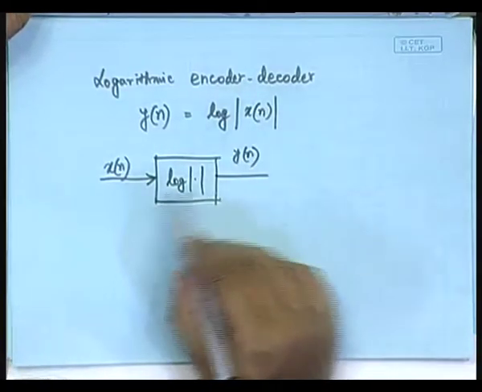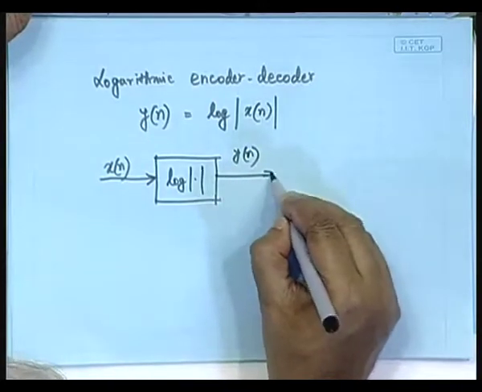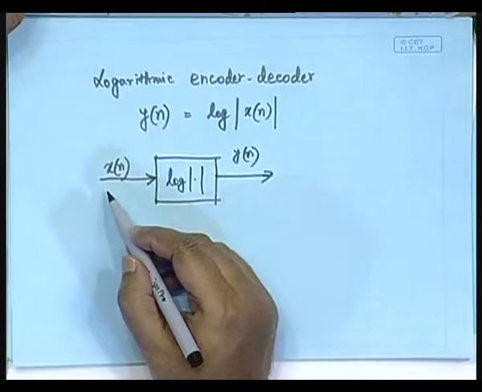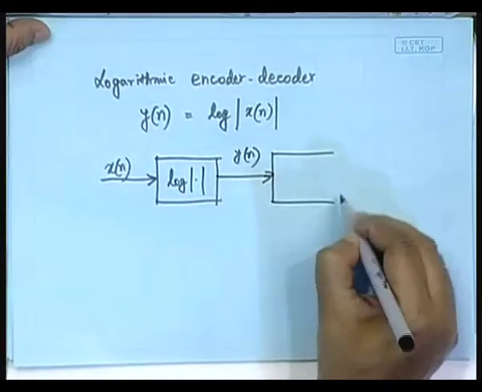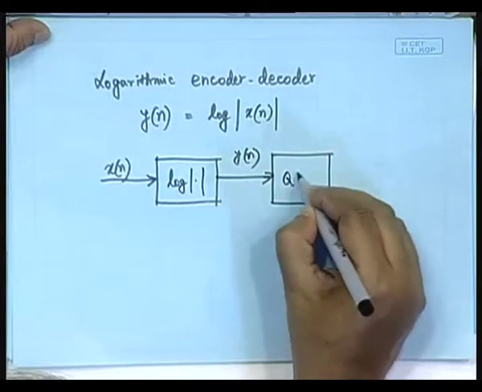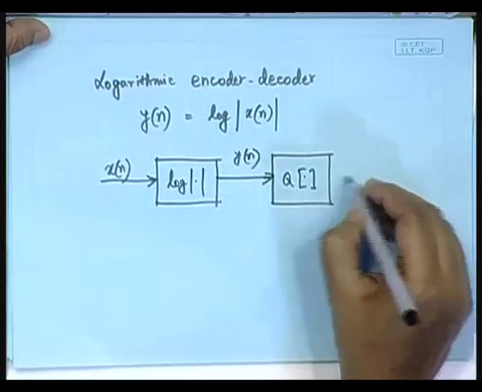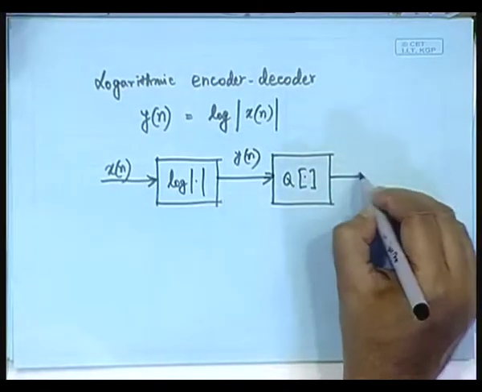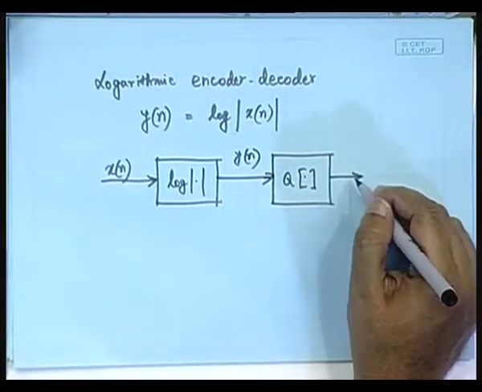But after making the logarithmic transformation, now instead of taking the quantization for x of n, we take the quantization for y of n. So, after obtaining y of n, we put the quantization, which we just write as Q, and this is the quantized output.